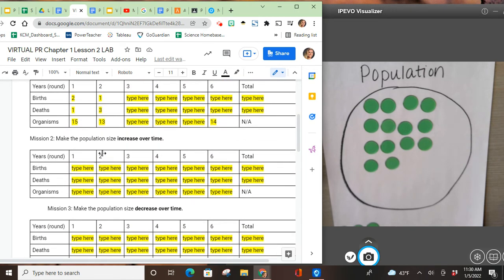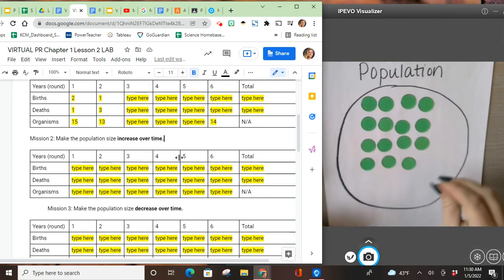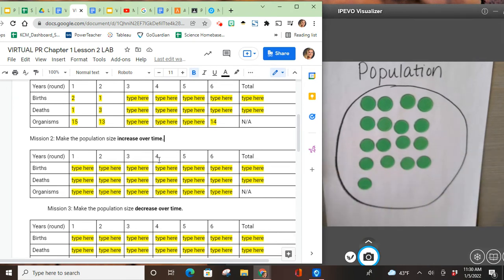Now we're going to do the same thing, but this time we're going to try to make the population size increase over time. So we're starting off with our 14 meerkats. And this time, since we want to increase our population, I'm going to go ahead and start off with a strong year 1. We're going to have 3 births this time.